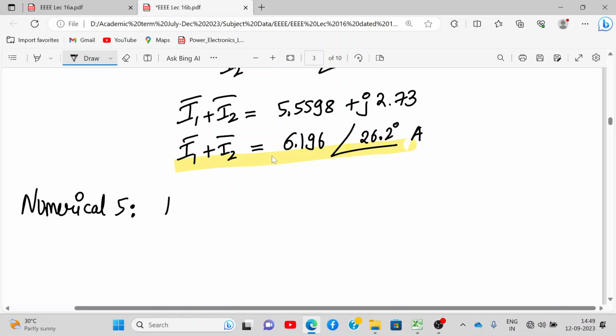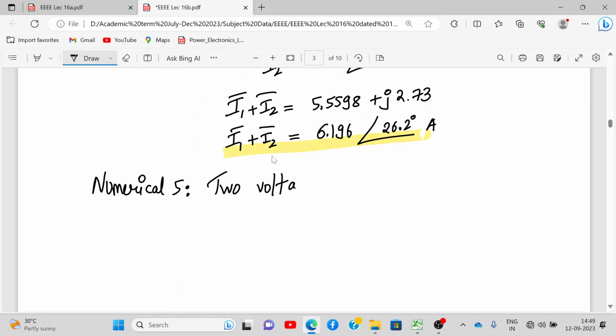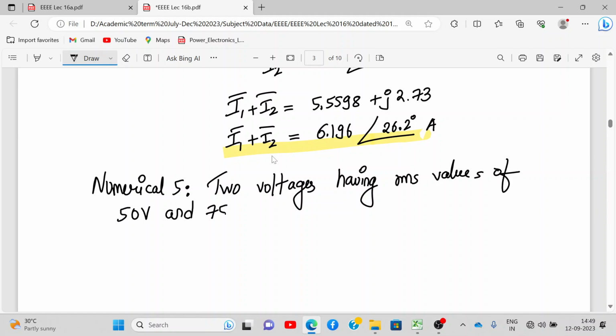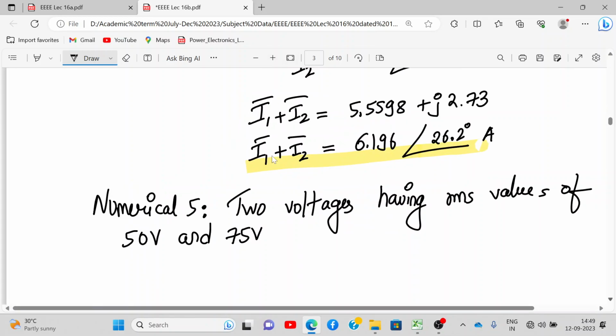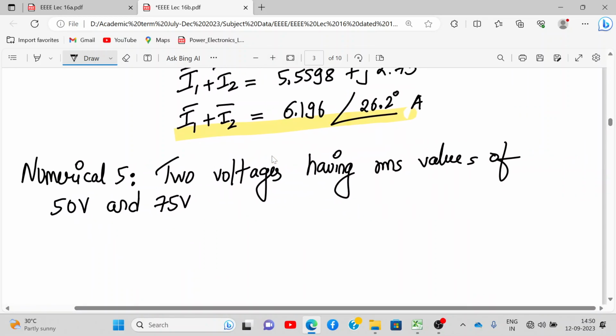Two voltages having RMS value of 50 volt and 75 volt have a phase difference of 60 degree.